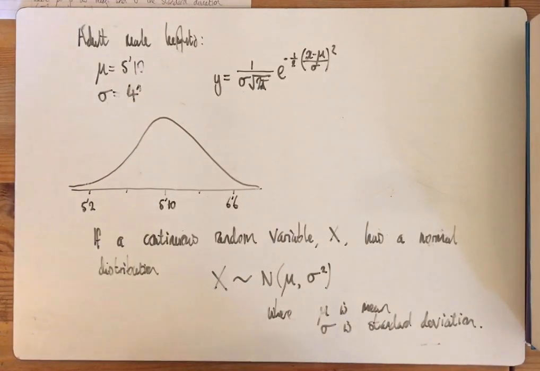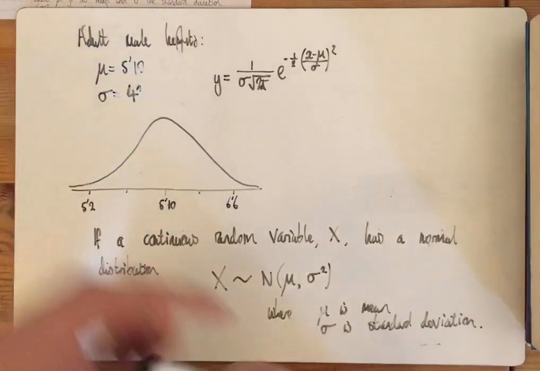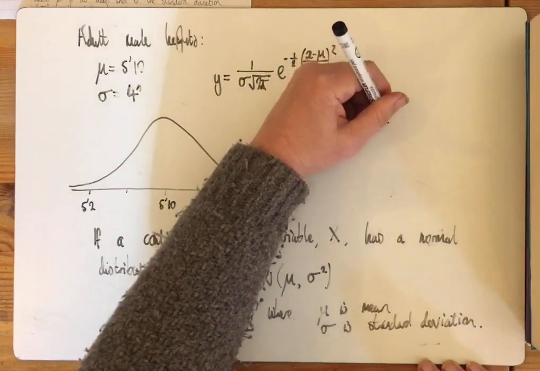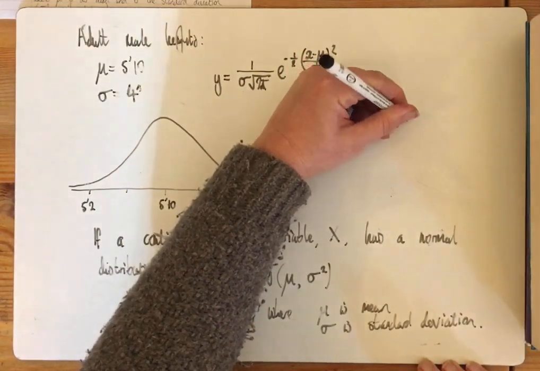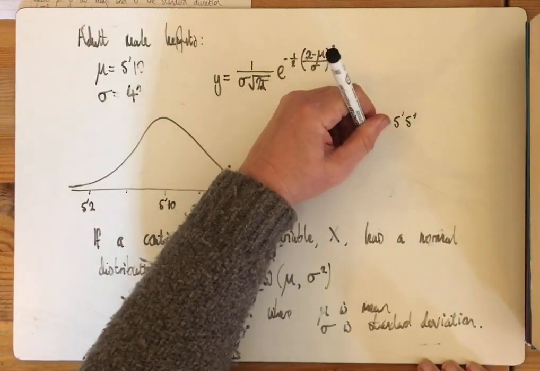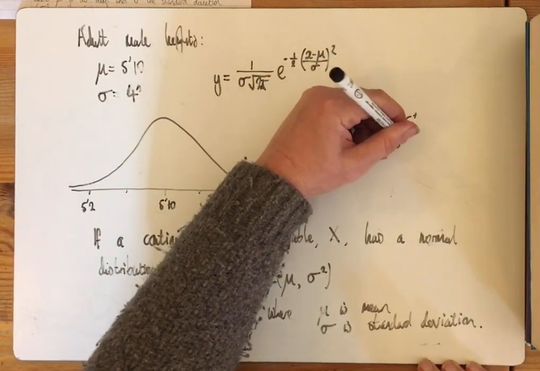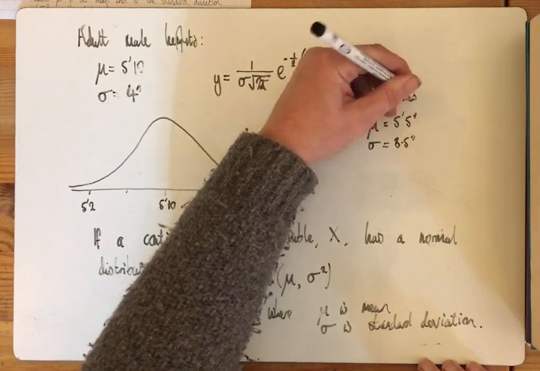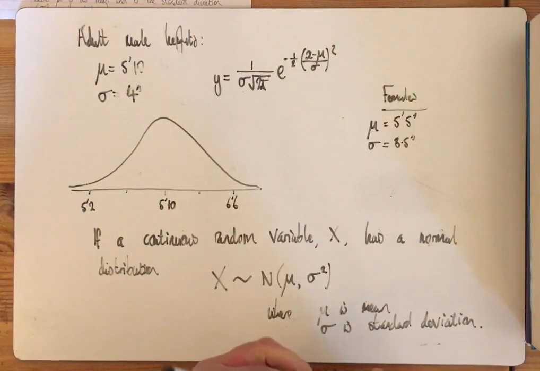Just out of interest, not to be sexist or anything, for females, the mean average female height is 5'5", and the standard deviation is 3.5 inches. So you're expecting 95% of female heights to be within 2 standard deviations of that mean of 5'5".